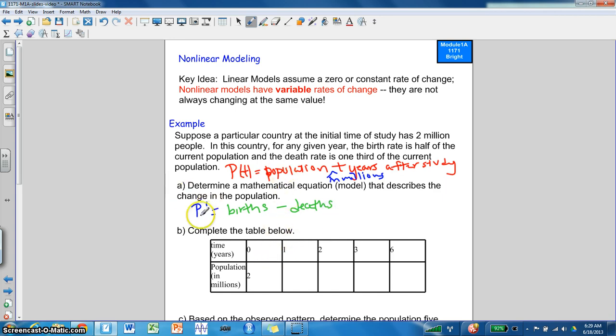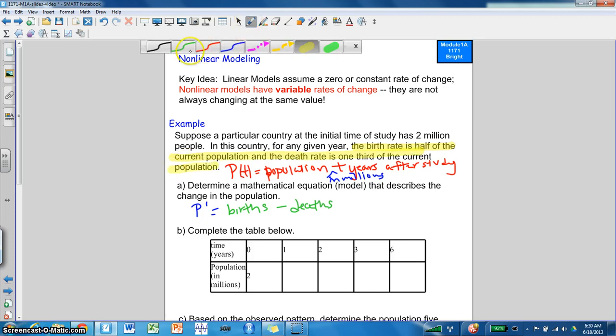So heuristically, our change in population should be represented by the number of births minus the number of deaths.